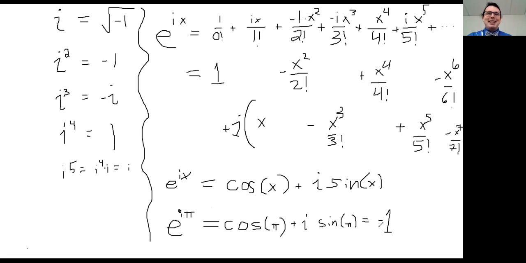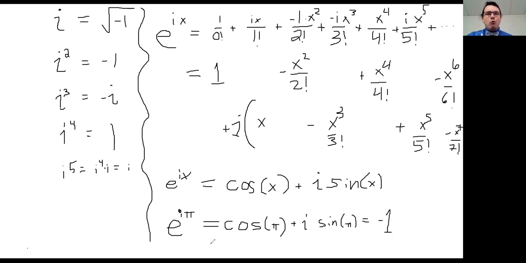So this is a very neat formula to me, that I have in it some of the most important constants that I've seen in mathematics. Pi, e, 1 shows up.